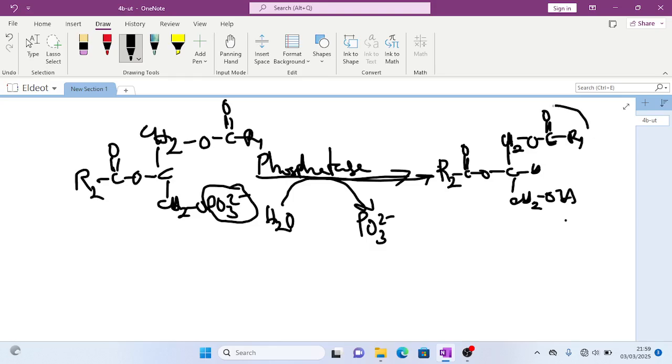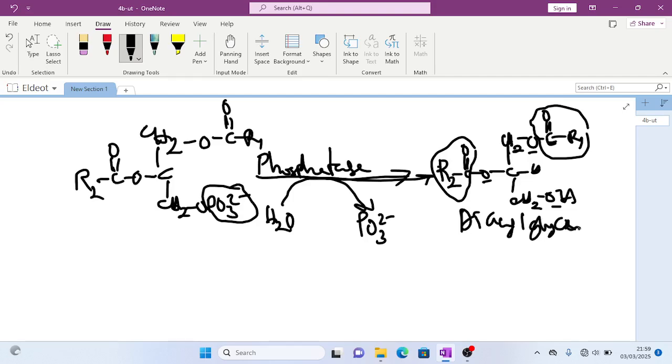So this is our first acyl group. This is our second acyl group. This is the first OH, second OH, third OH. So this compound primarily is our diacylglycerol.